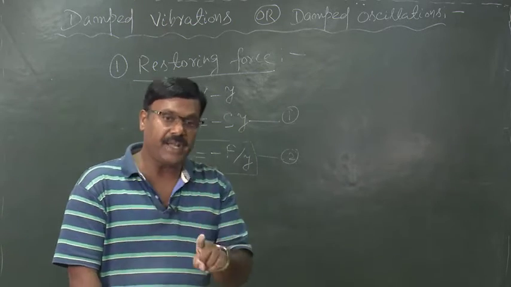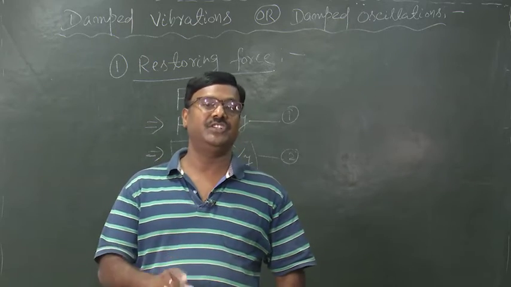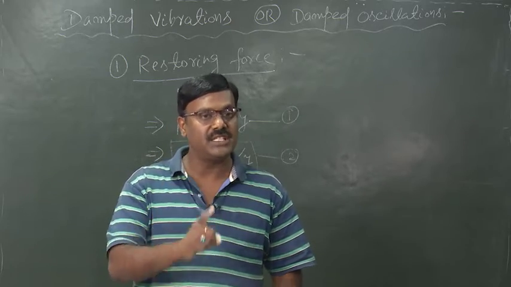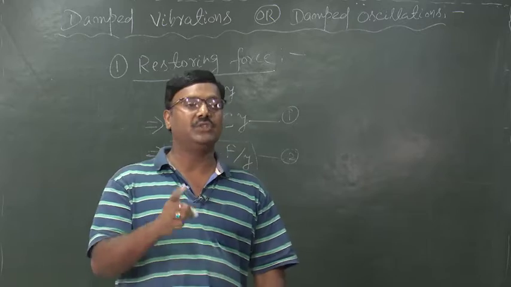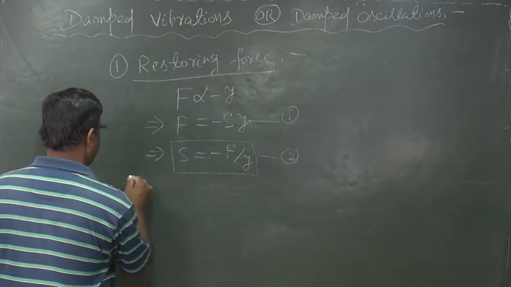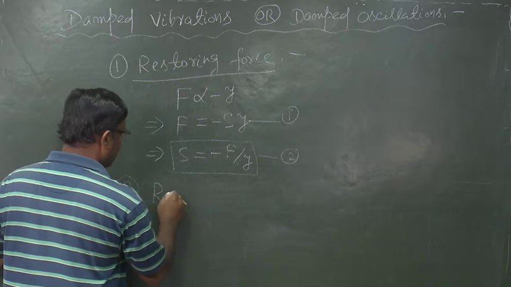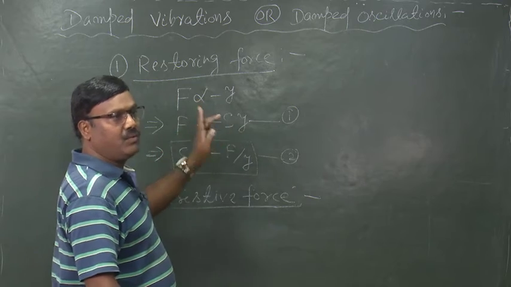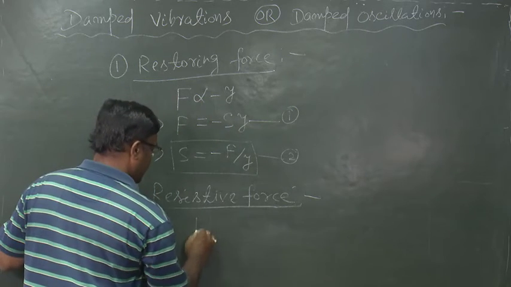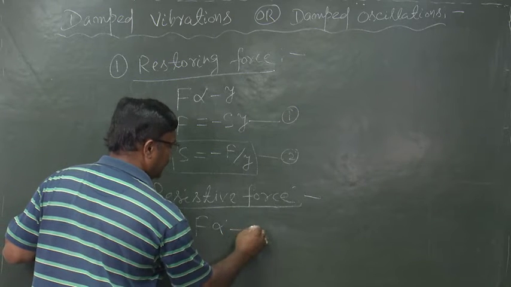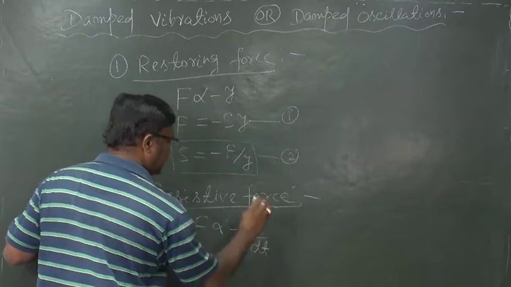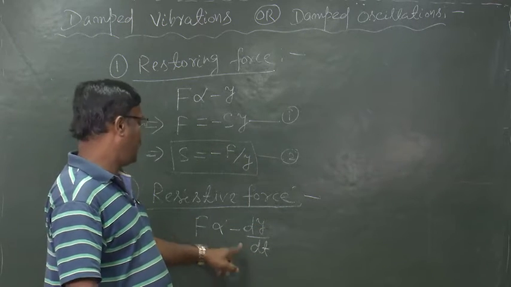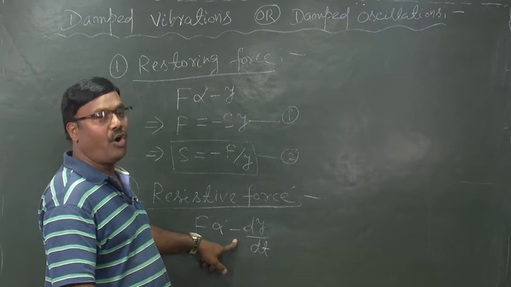The second force which opposes the motion is the resistive force, which depends directly on the velocity of oscillation. That means the opposing force due to the resistive medium opposes the velocity. The resistive force varies directly with the velocity, that is, F is proportional to minus dy by dt, where y represents displacement, dy by dt represents velocity, and the negative sign represents opposition.